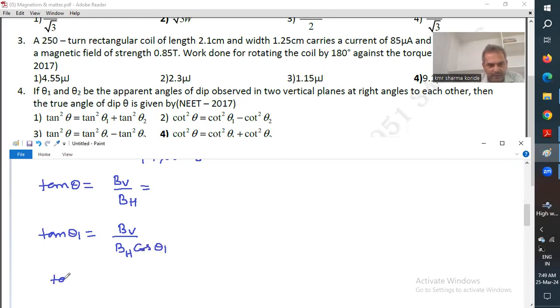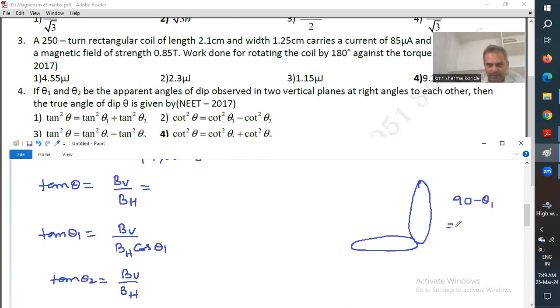In the next case, when you write tan theta 2, it is BV by BH cos of theta 2, directly they have given theta 2. Otherwise, you can write with sin theta because these two planes are at right angles. Planes are at right angles means once you decide one is the angle theta 1, the other angle will be 90 minus theta 1.